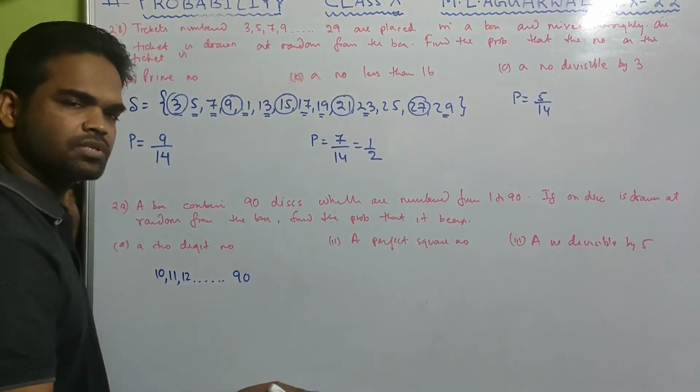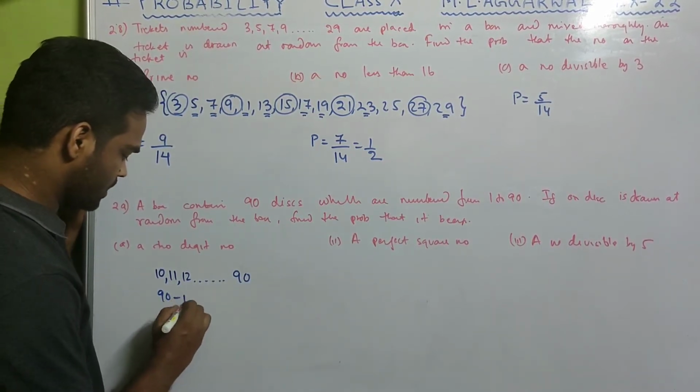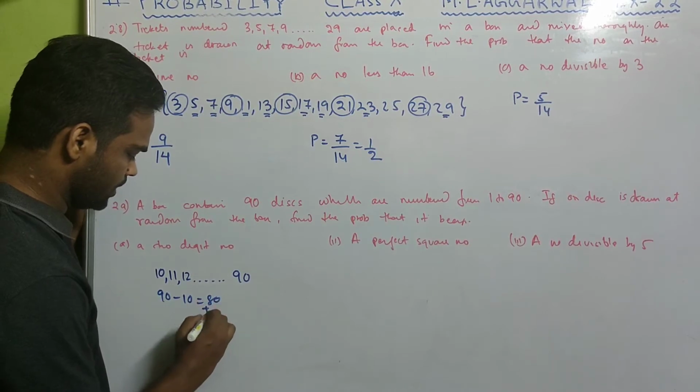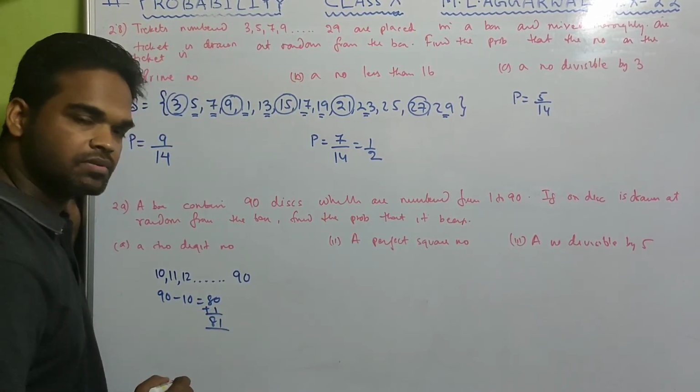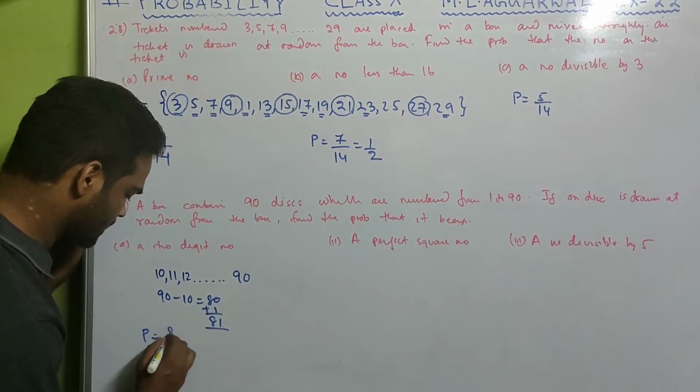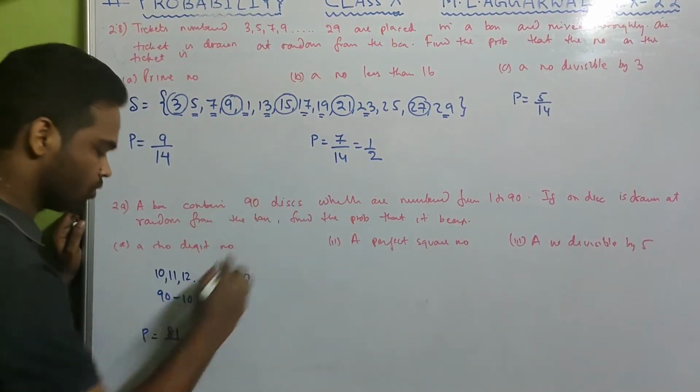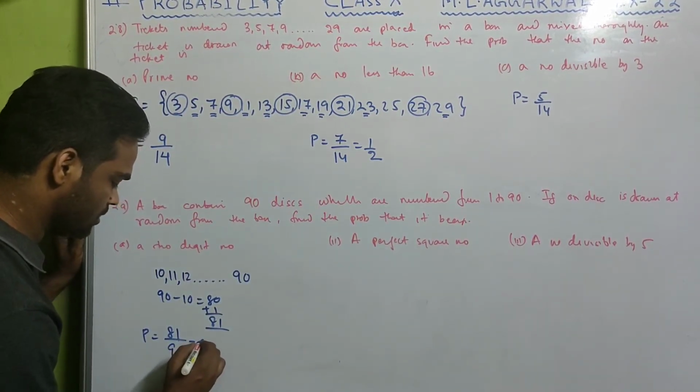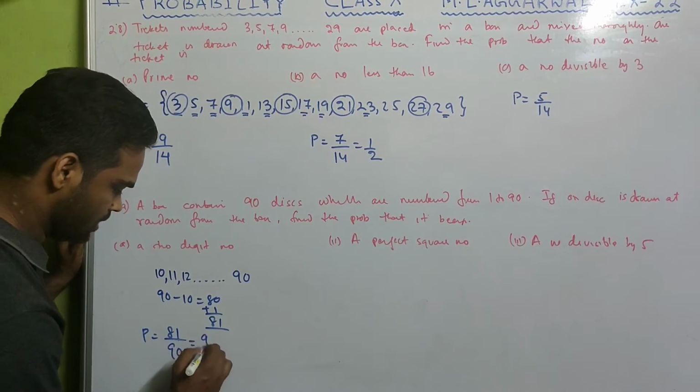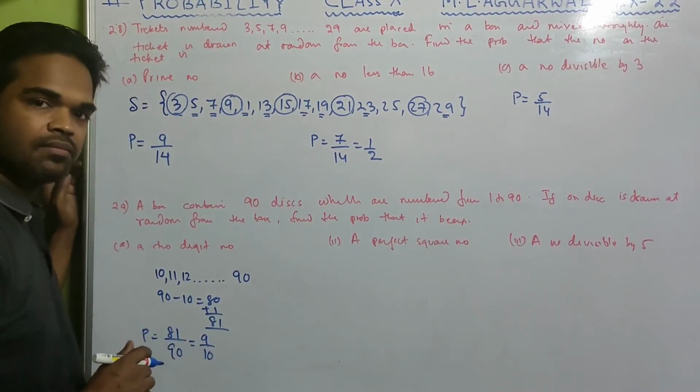So how many 2-digit numbers are there? 90 minus 10, that's 80 plus 1, 81 2-digit numbers. So probability will be 81, favorable outcomes, over my total outcomes, 90. 9 times, 10 times. So 9 by 10.